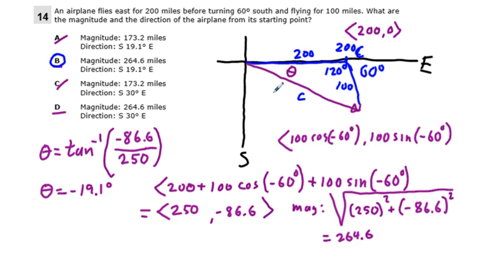And then we can use law of cosines. I'll just set up what will be c squared equals 200 squared plus 100 squared minus 2 times 200 times 100 cosine 120 degrees.